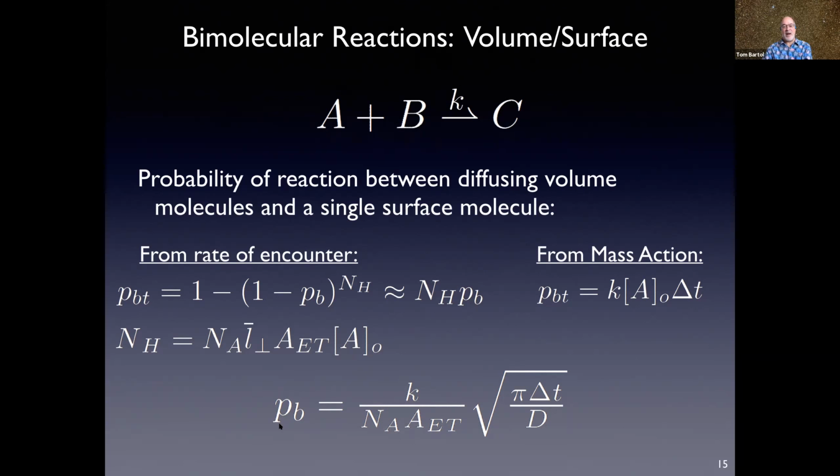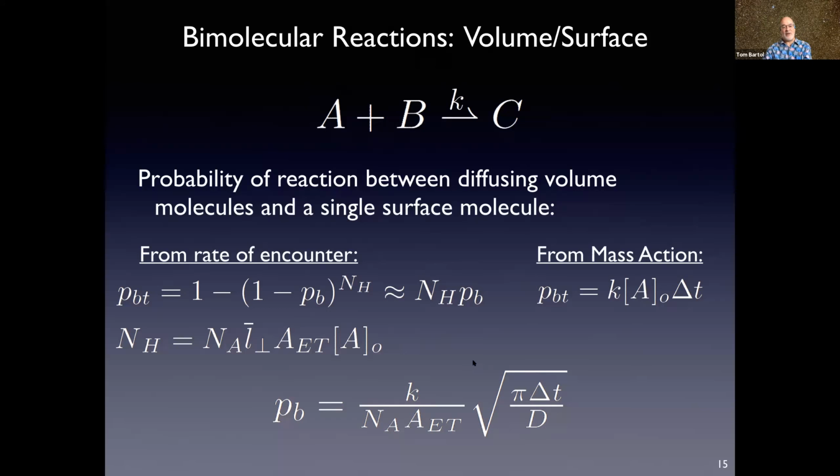So the probability of binding between a single A and a single B is equal to the rate constant K divided by Avogadro's number and the area of the triangle times the square root of pi delta T over D. What this is saying is that for a given K that we want to have happen, as the particles move faster, if the diffusion constant is higher, intuitively, this means that there are going to be more collisions.